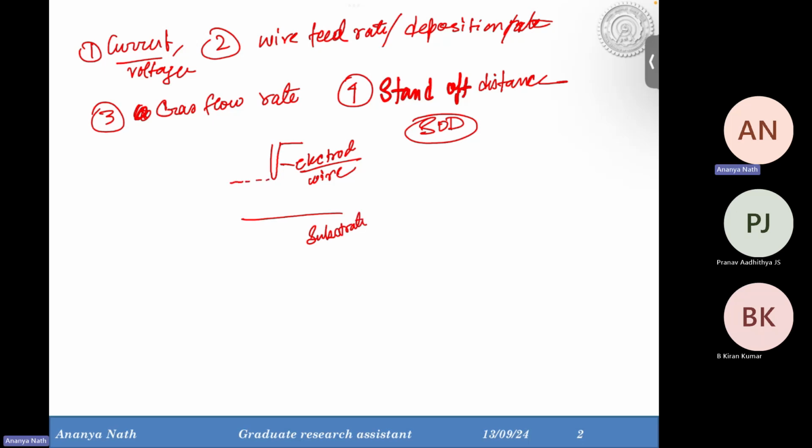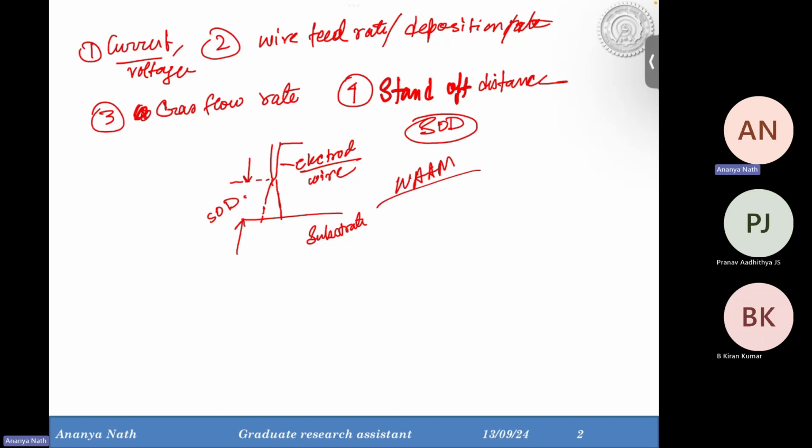The distance between the electrode and the substrate is known as the stand-off distance. In the case of WAAM, this is different from other metal AM processes. In WAAM, we are establishing an arc between the electrode and the substrate. So the arc will be like this.